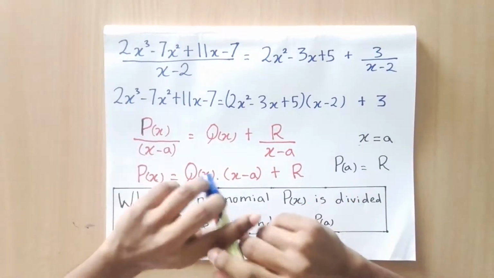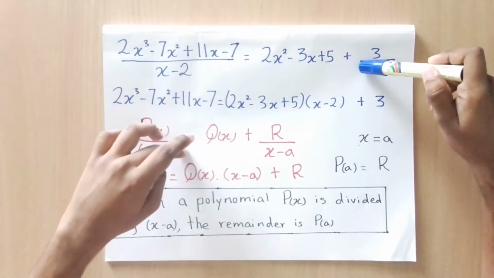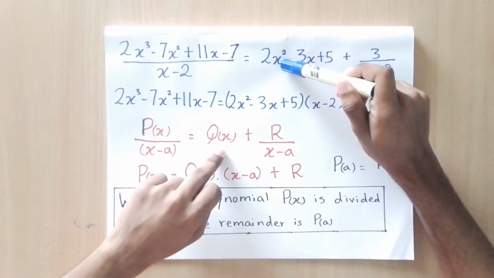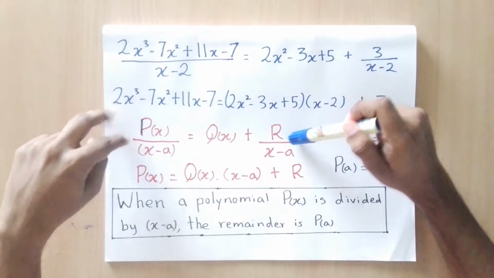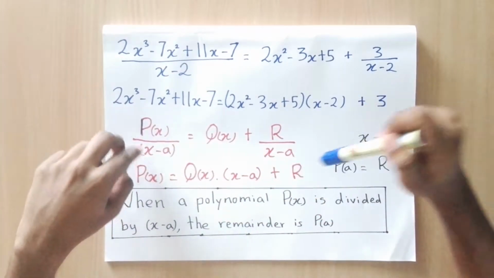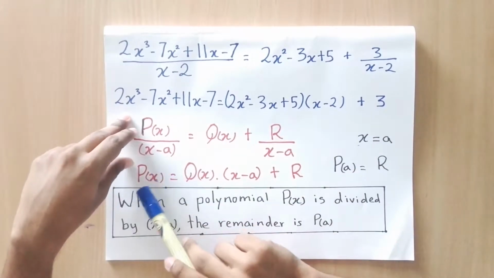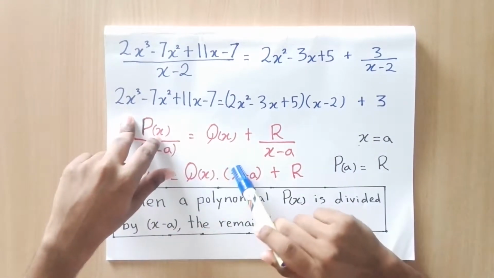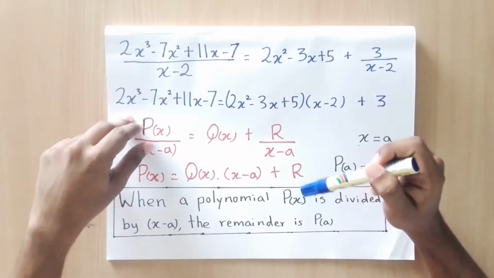In general, we can write this as p(x) divided by x minus a equals q(x), that is the quotient, plus r, the remainder, divided by x minus a. This second equation, we can write as p(x) equals q(x) multiplied by x minus a plus r.